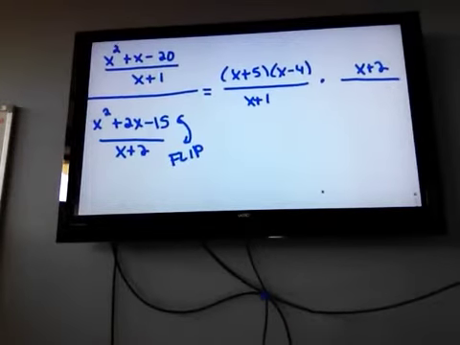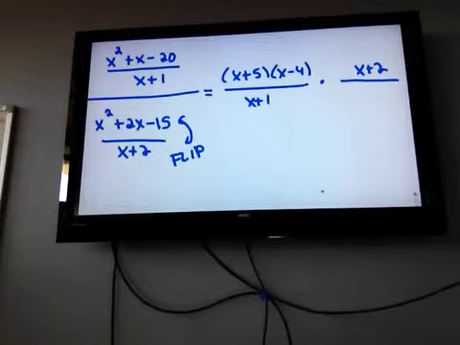And then we're going to factor x squared plus 2x minus 15. 15 can be 15 and 1 or 5 and 3, my only two choices. I want to get positive 2 in the middle. So we're going to have positive 5 and minus 3. That's going to give me my positive 2 in the middle.